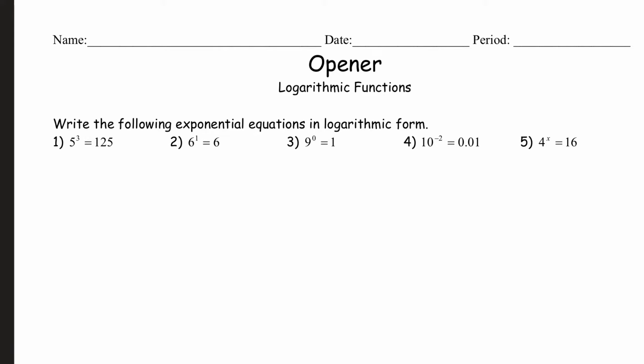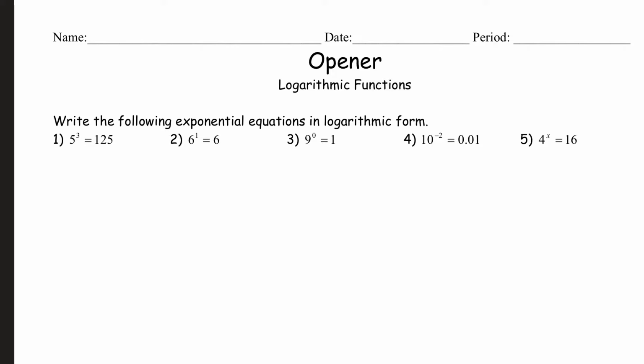We're going to go ahead and start by converting the following to log form. So 5 to the first power is going to be log base 5 of 125 is equal to 3. Log base 6 of 6 is equal to 1.